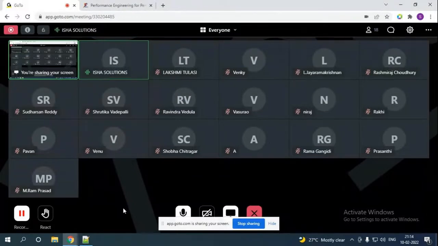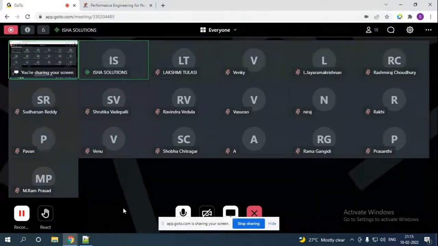Is there an option to monitor your garbage collection in JVisualVM? In our course content, we are going to cover each and every one, not only the interview questions but the regular syllabus: heap memory analysis, thread analysis, garbage collection analysis, heap dump analysis and thread dump analysis.